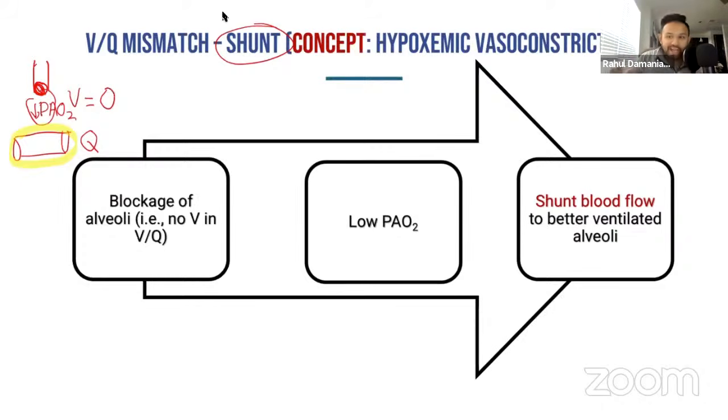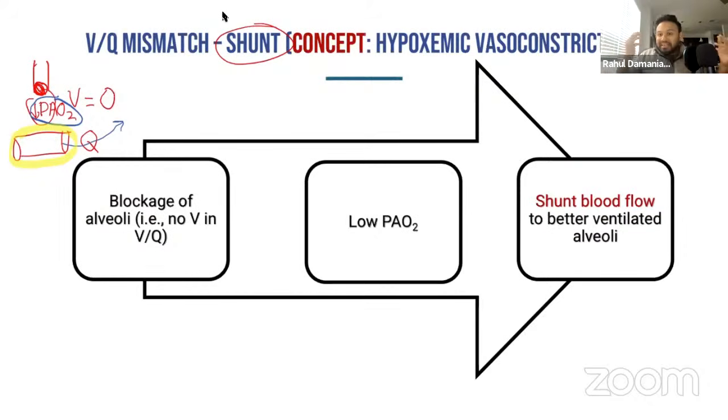And the reason why is because the lung has a unique property called hypoxic vasoconstriction. And that is essentially going to be if the alveoli itself has a poor PAO2, well, then the capillary is going to say, I'm going to shunt to an area of the lung that is better ventilated.